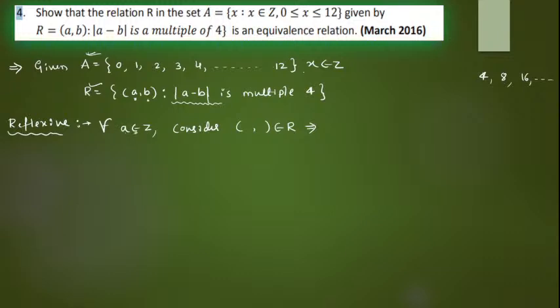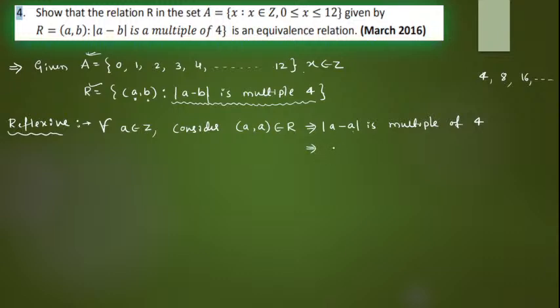Let us take A belonging to Z, then its doublet A comma A belongs to R, right? So this implies, according to the statements, modulus of A minus B is a multiple of 4. So with A comma A, modulus of A minus A is a multiple of 4. According to the statement, A minus A is 0.